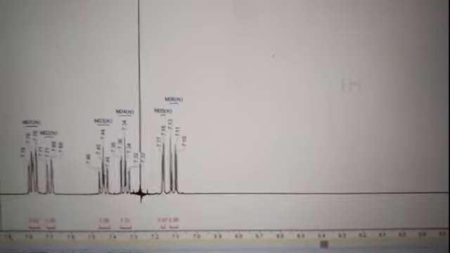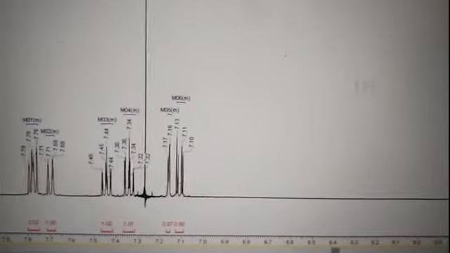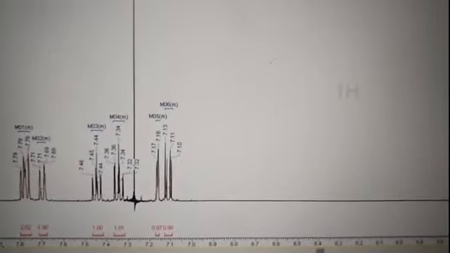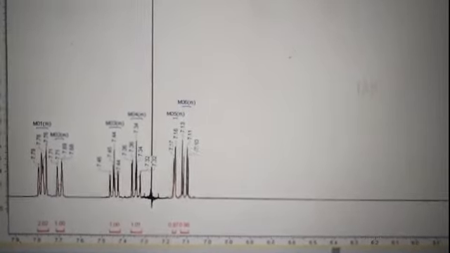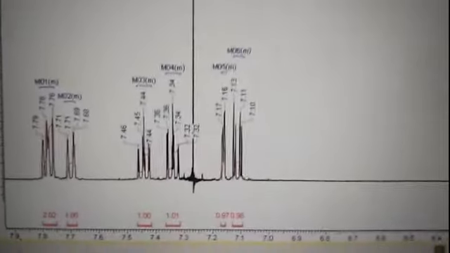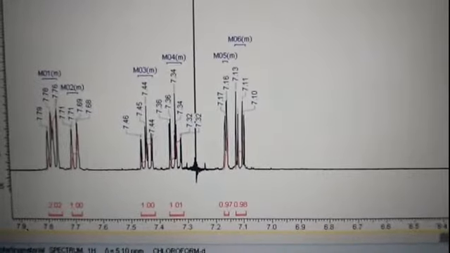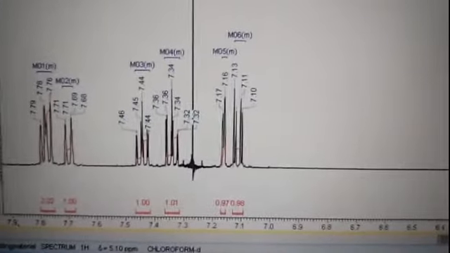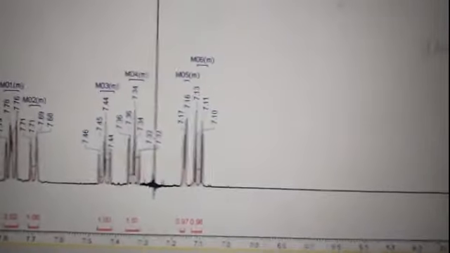Okay, so after looking at your solubility test, narrowing it down to phenol, and your IR confirming that you have an OH stretch, next you could look at your proton NMR. Using your NMR tables, you would see that these are all aromatics, integrating to a total of 7: you got 2, 1, 1, 1, 1, 1.